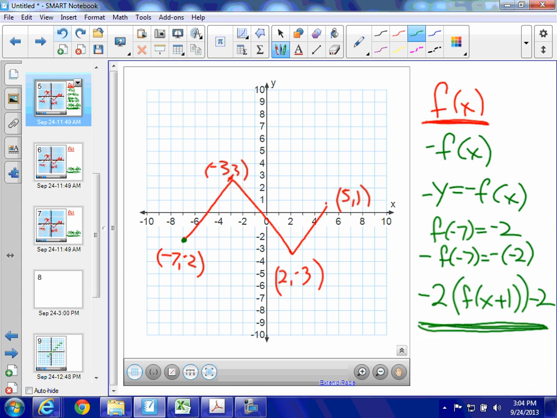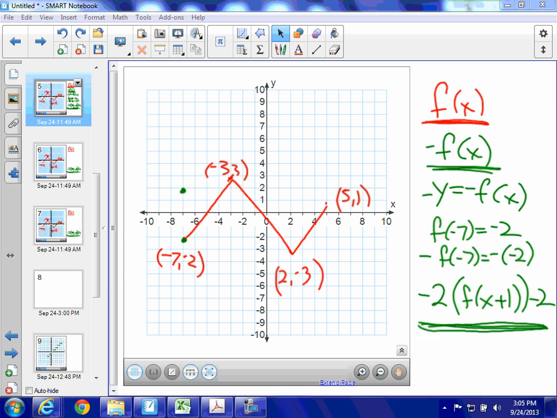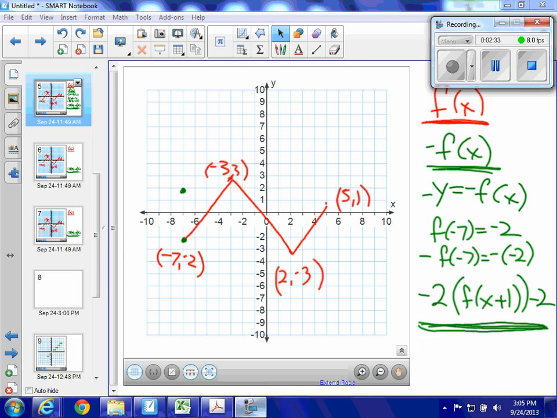So on this first transformation here, negative f of x, my y value at negative 7 is going to be positive 2. Let's take a look at a different point.